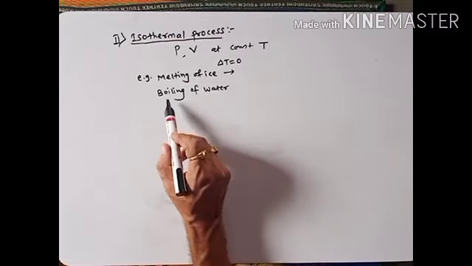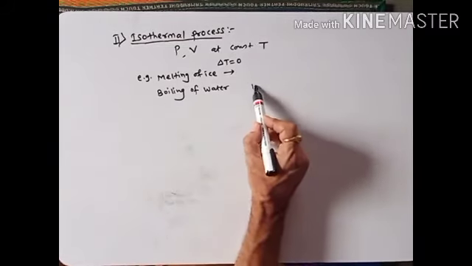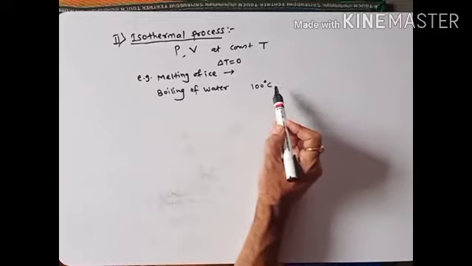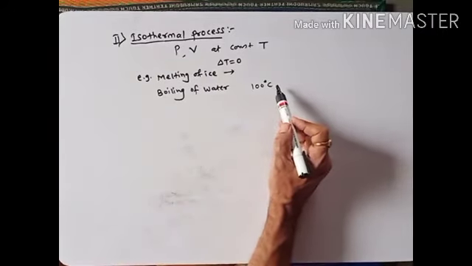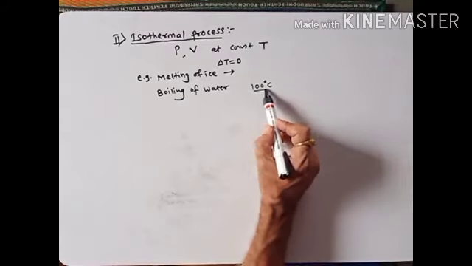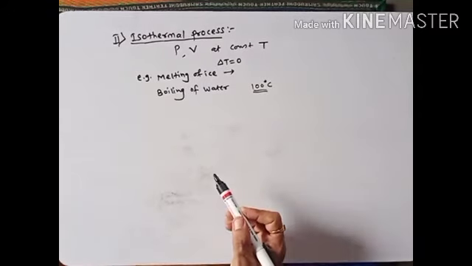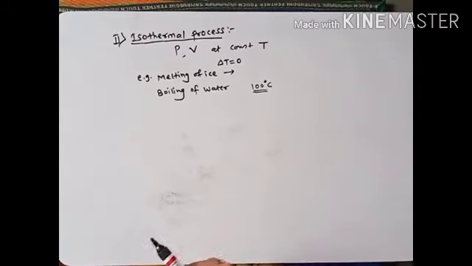Or whenever water reaches 100 degrees centigrade, it starts boiling, and until it completely converts into steam, at this constant temperature, it is converting. This is an example of an isothermal process.